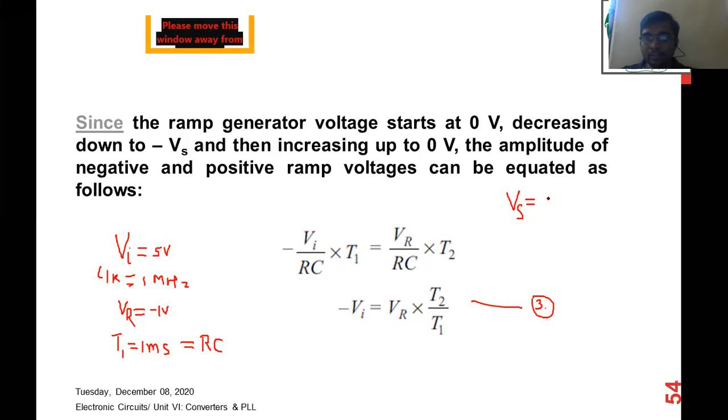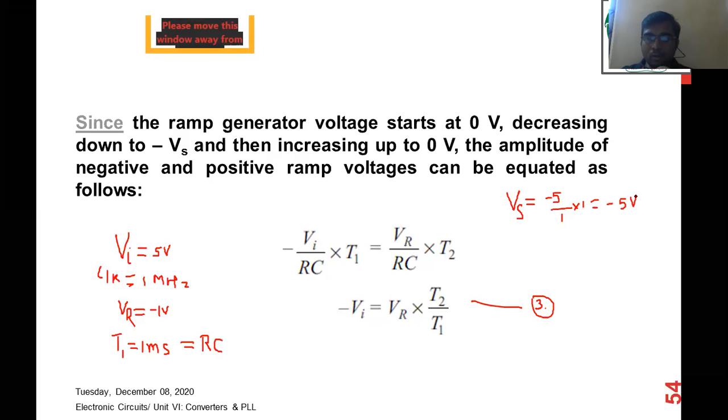That is minus 5 upon 1 millisecond into 1 millisecond, so Vs in the first condition would be minus 5 volt.